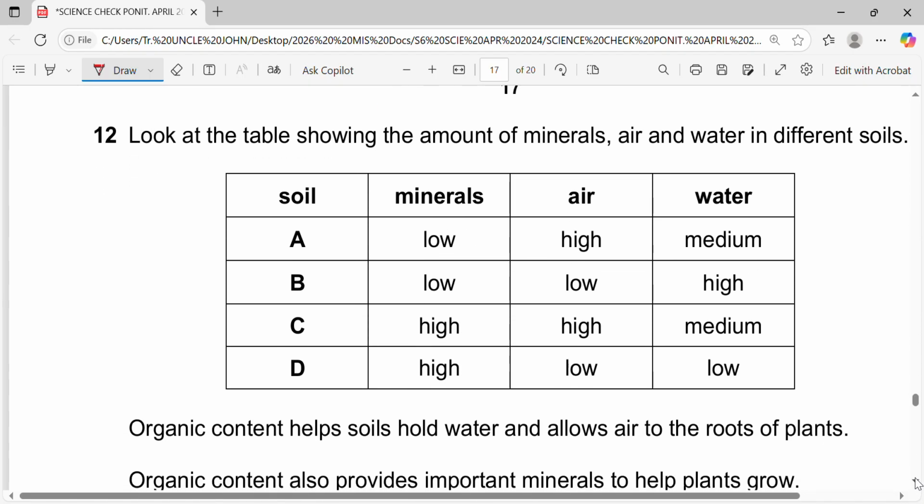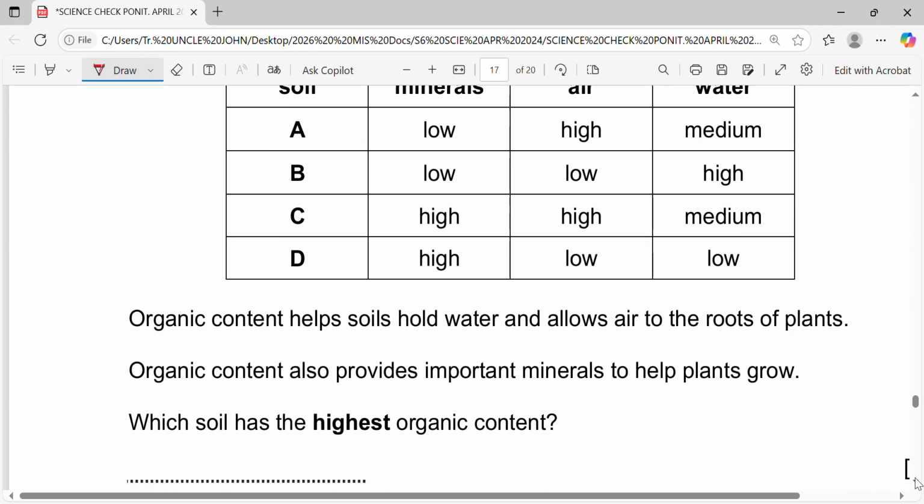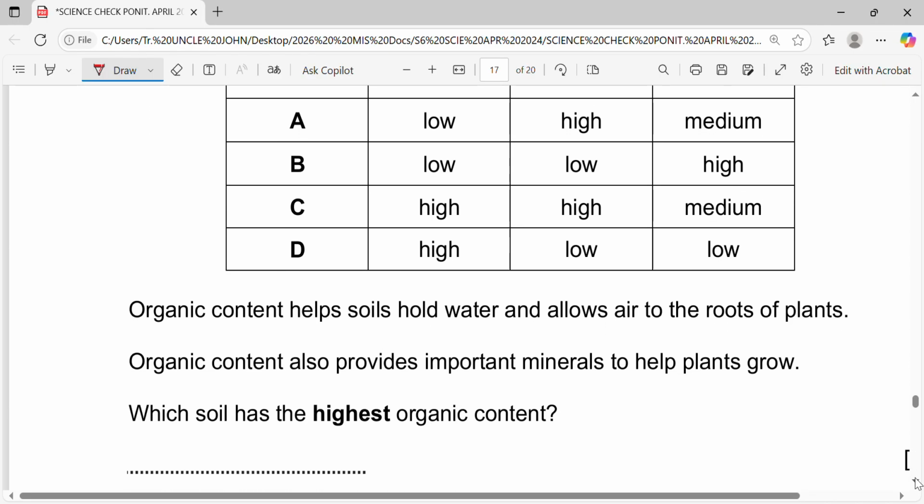Question 12. Look at the table showing the amount of minerals, air and water in different soils. Organic content helps soils hold water and allows air to the roots of plants. Organic content also provides important minerals to help plants grow.